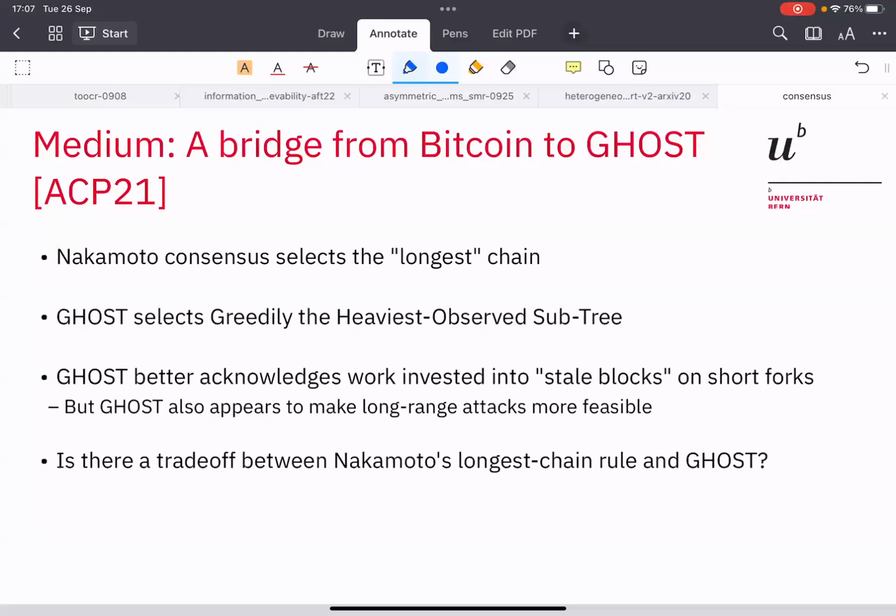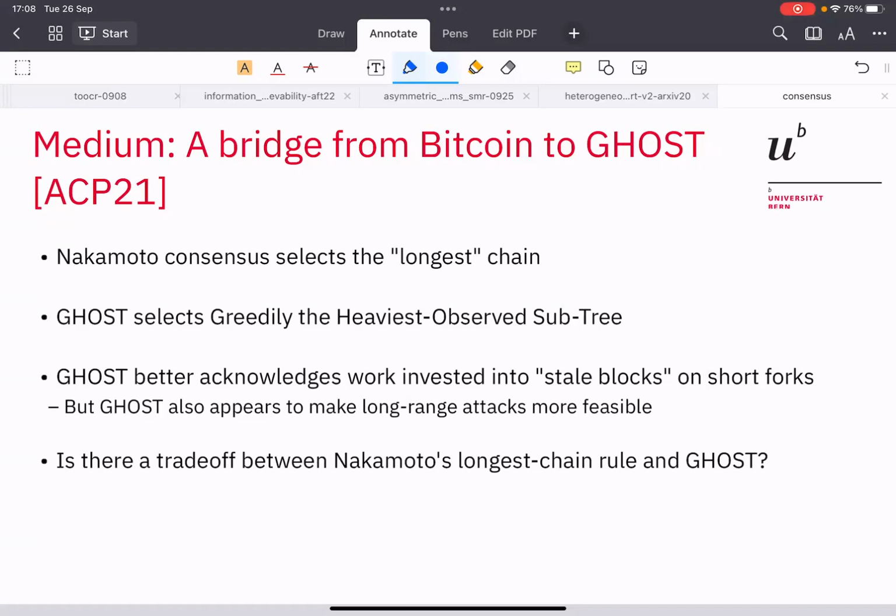The idea is to give credit or to rely on security that has gone in this investment of mining power into the blocks that are sitting just outside the main chain, outside the longest fork. This is the Ghost rule, which has been proposed and adopted, also used in some variant in Ethereum. And we were wondering how these rules are different.